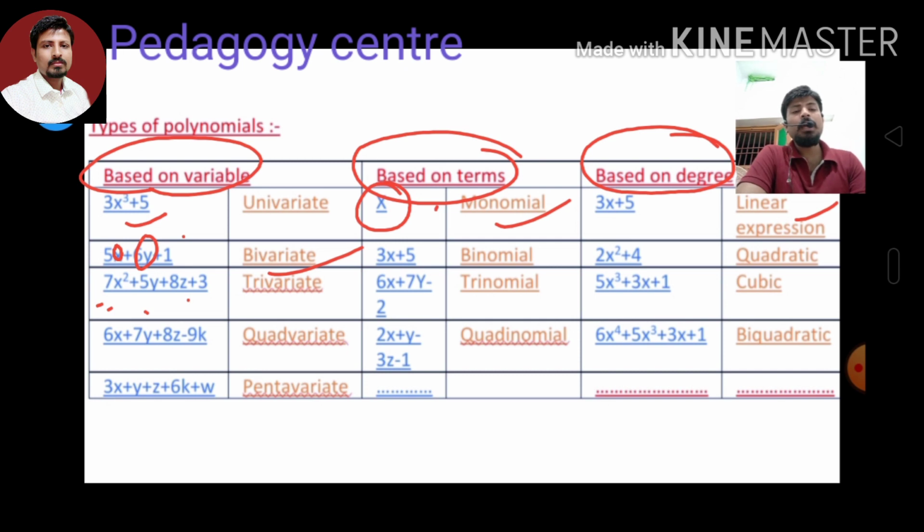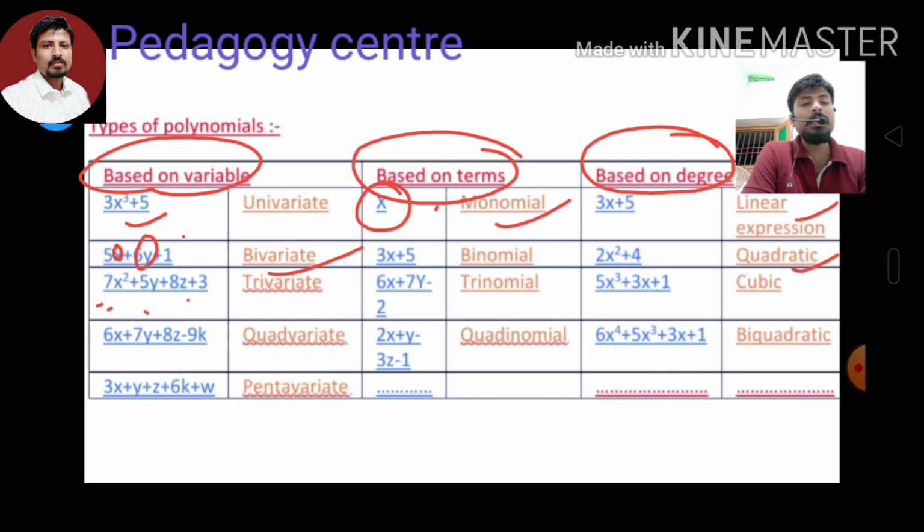Any polynomial which is of 2 degree is called a quadratic polynomial. For example, 2x squared plus 4x is a quadratic polynomial because the highest exponent of the variable in this expression is 2, so it is a 2 degree polynomial and that is called a quadratic polynomial.